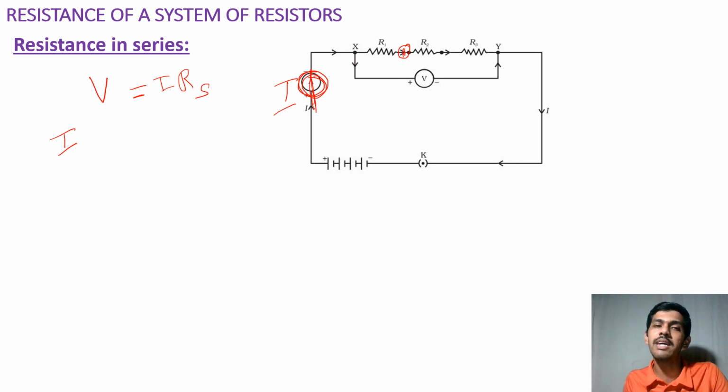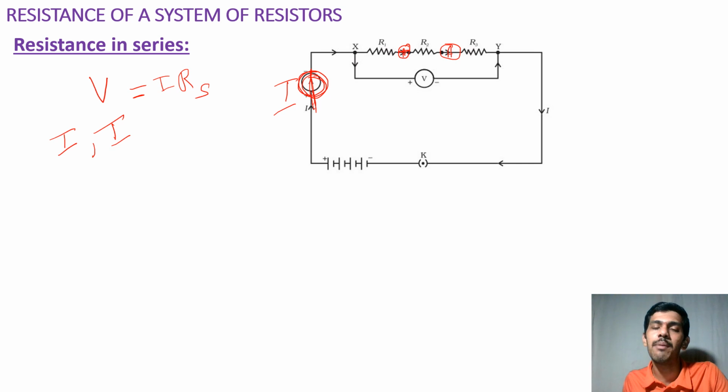I get the same value of I. Similarly, I again remove the ammeter from here, connect it directly, and move the ammeter in between R2 and R3. I place the ammeter here again.